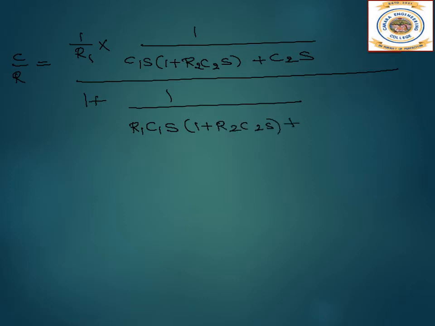I will multiply that here. So R1 C2S into H of S, which is 1 plus R2 C2S. Yes, this is H of S.